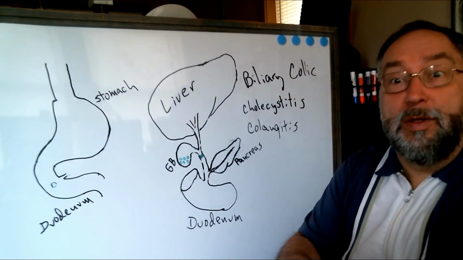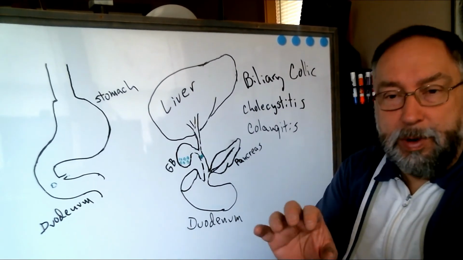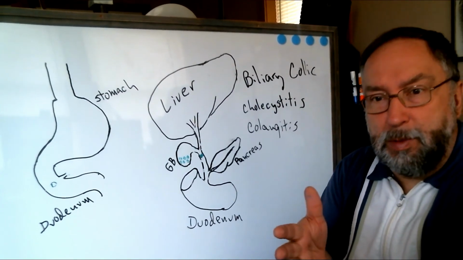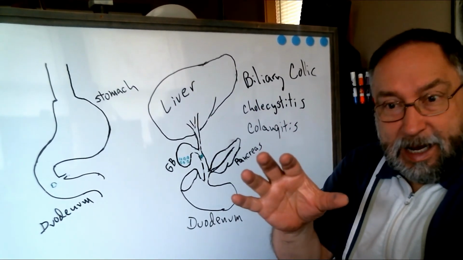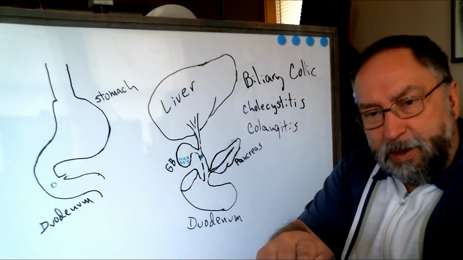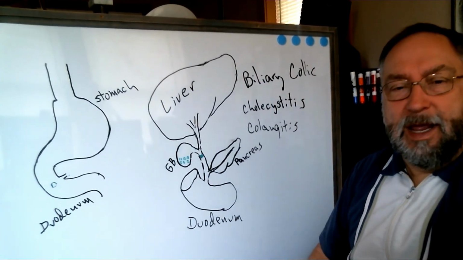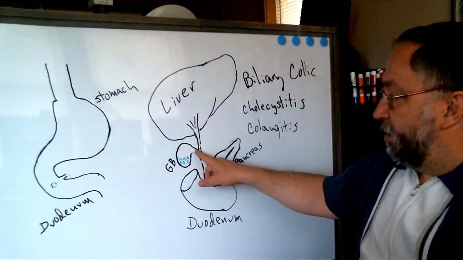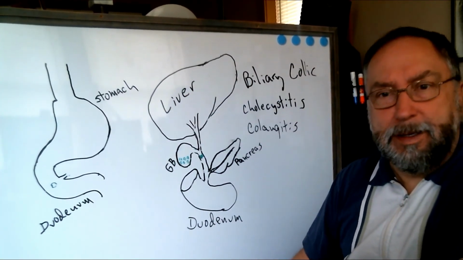One of them, they can go in there and they'll inject CO2, right, to kind of blow the belly up so they can look around in there, because otherwise there's not really any room. And then they can go in with another one, and they got a camera and a light that will enable them to see what they're doing. And then the other one, I think they work through, right? The instruments will go through in there, and they can come in and they can clip this off and then pull it out through one of the holes. So that's kind of what they do.